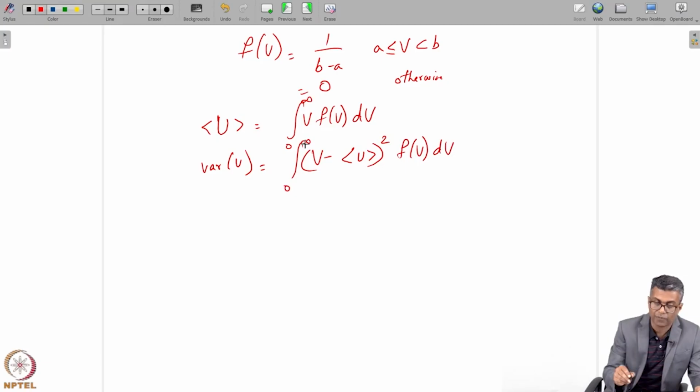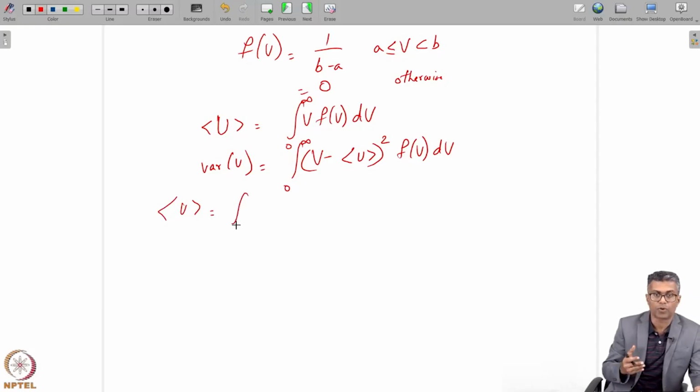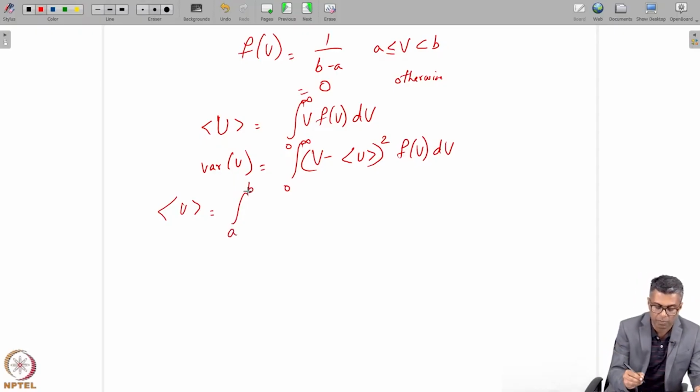Now, in order to calculate variance, you will need the mean. So let's calculate the mean first. The u mean is integral 0 to infinity, but that need not be taken because the function is only defined from a to b. It is 0 otherwise. So your integral can just be from a to b. So you will have integral a to b of v times f of v dv.